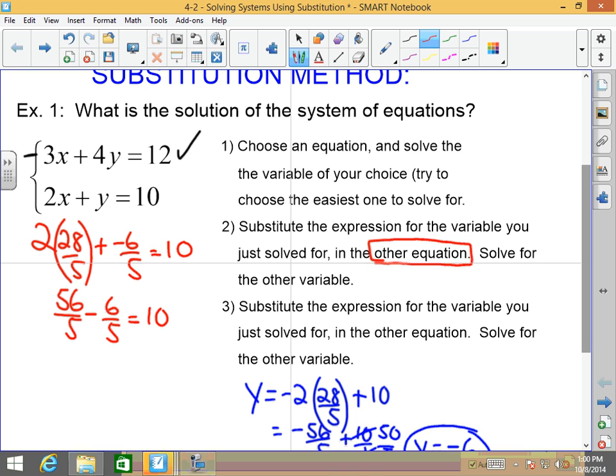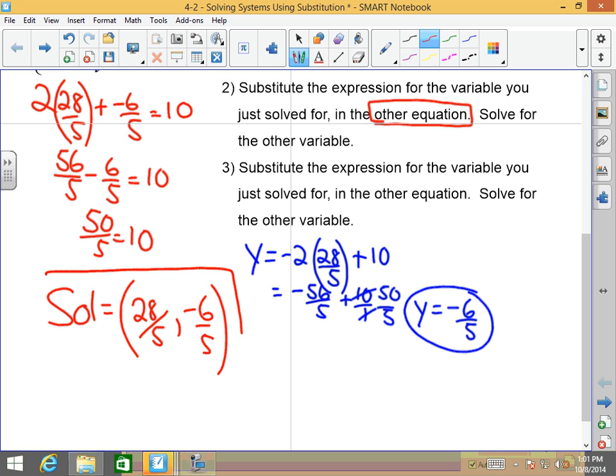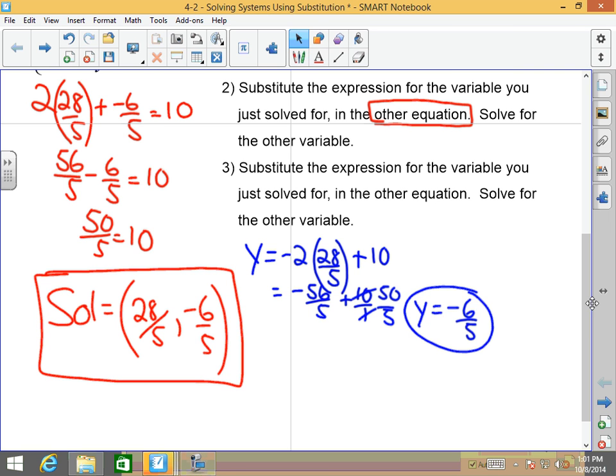Does that equal 10? Well, 56/5 minus 6/5 is 50/5, which does equal 10. So it works for both equations. So my solution that I had originally, 28/5, comma, negative 6/5, works, and we're good.